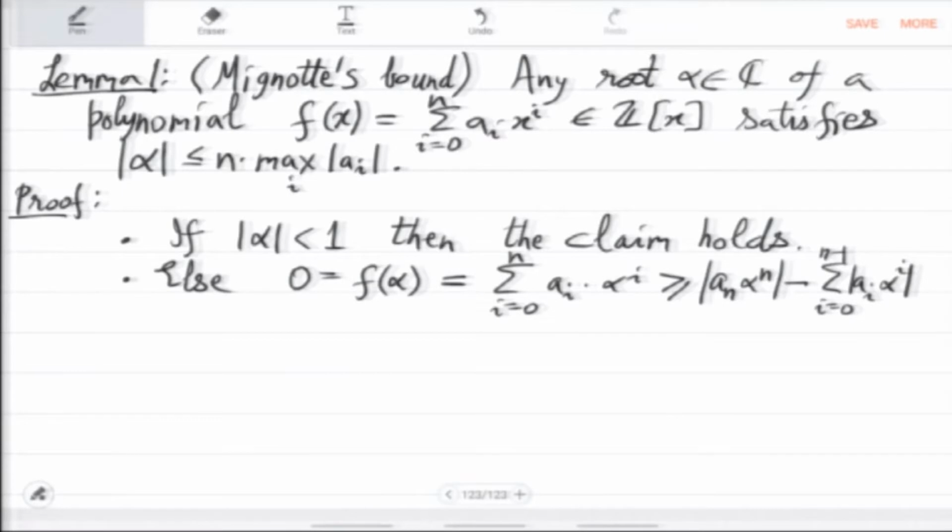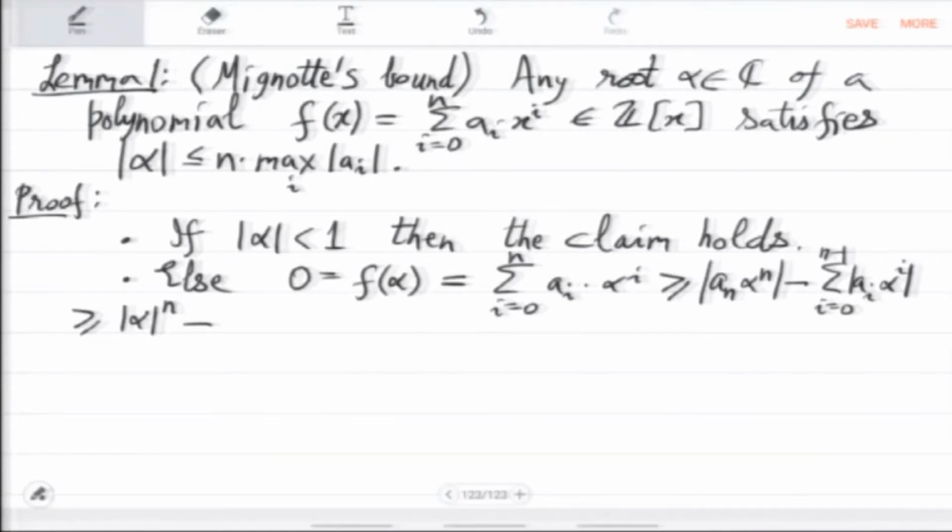Okay, so this is the lower bound on this sum, sigma a_i alpha to the i. We have isolated the highest term from the rest, looking at the difference of that, which is greater than or equal to alpha to the n, because a_n will be at least 1. It is an integer, so the magnitude is at least 1, it is not 0.